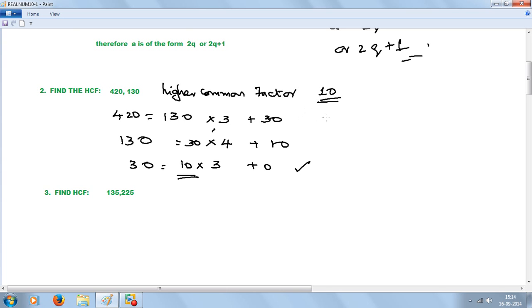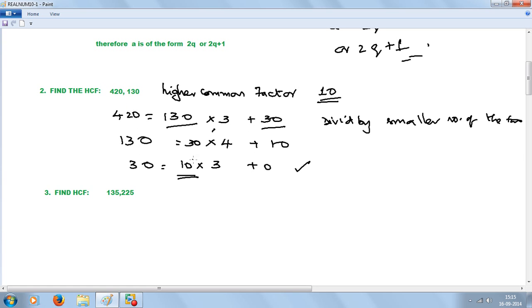So the first line is divided by the smaller number of the two. So in these two, the smaller number divides the other. Next, we will try to divide 130 by 30, whatever remains in the first one.